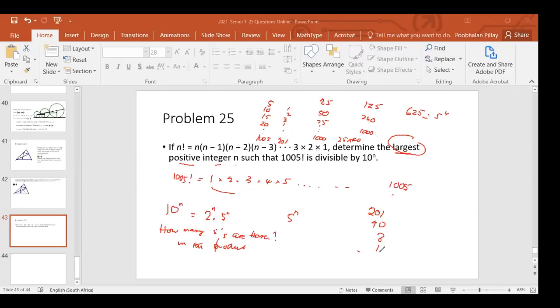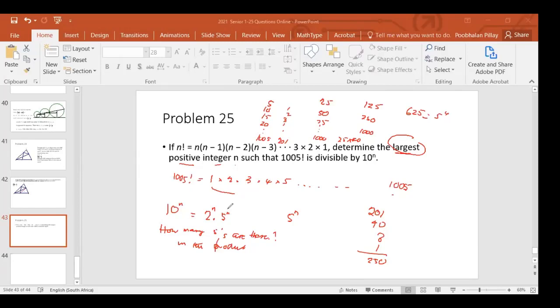So the total number of 5s you have here, you have to add up all these things, and you get 250. There are 250 such 5s.